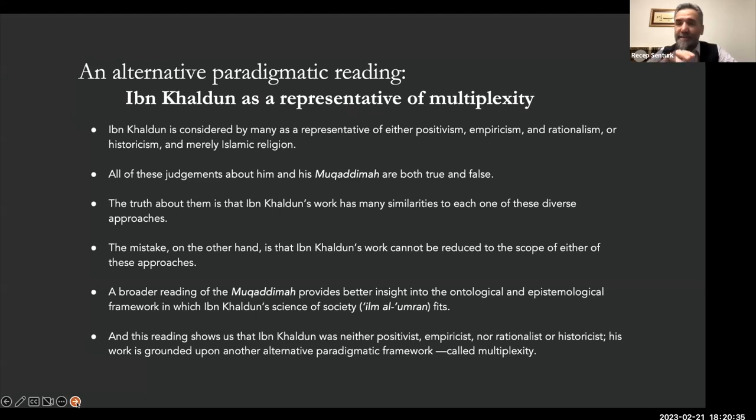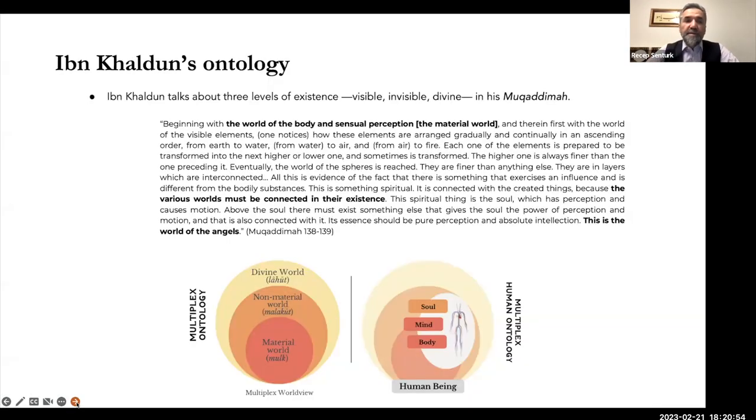So the existing framing and representation of Ibn Khaldun is partially true, not holistic and comprehensive. This manifests best in Ibn Khaldun's ontology.